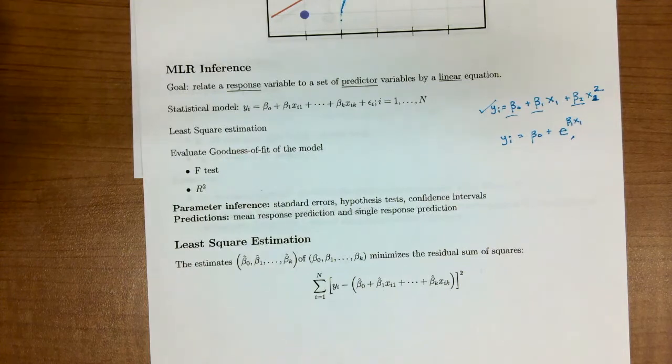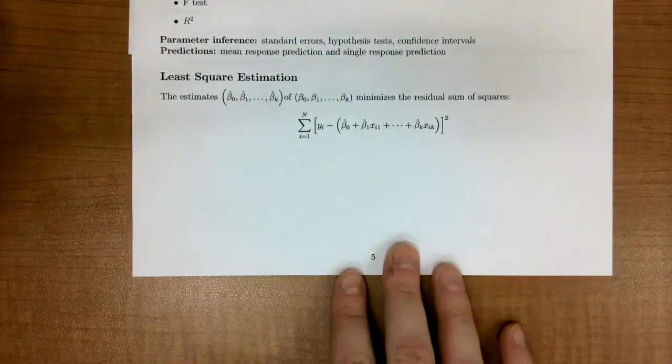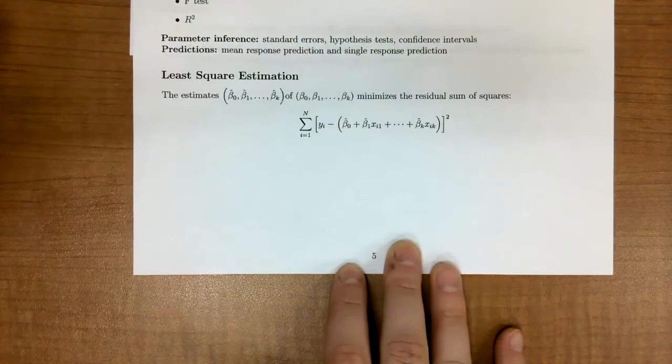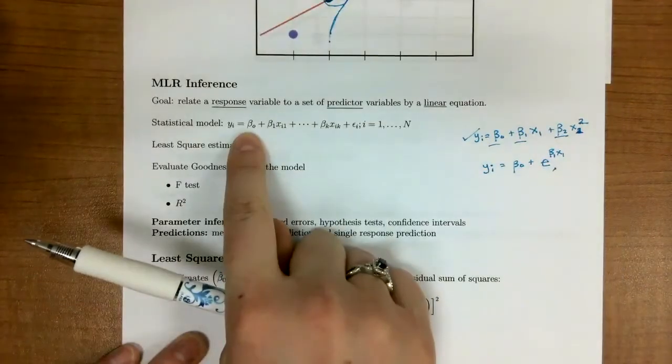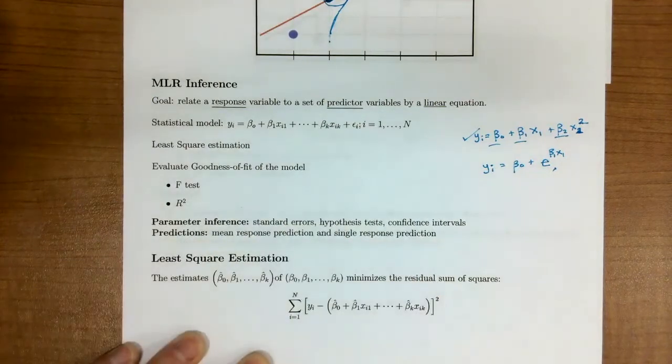So let's talk a little bit about what the least squares estimation is to then quickly discuss what our estimated equation is. So for the least squares estimation, we need to get estimates for our parameters. Again, up here we're assuming our population has this model.